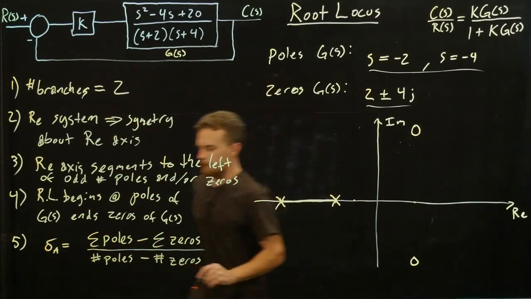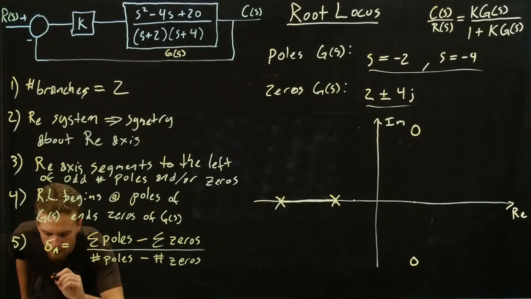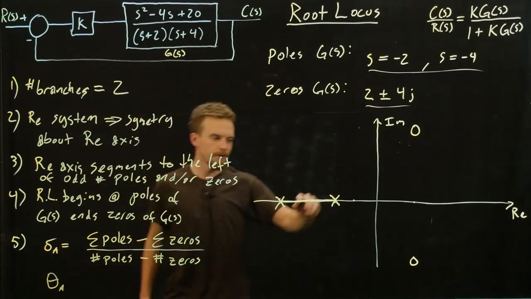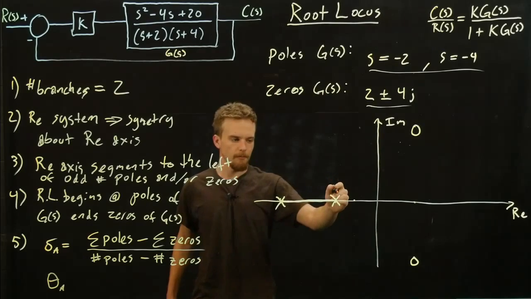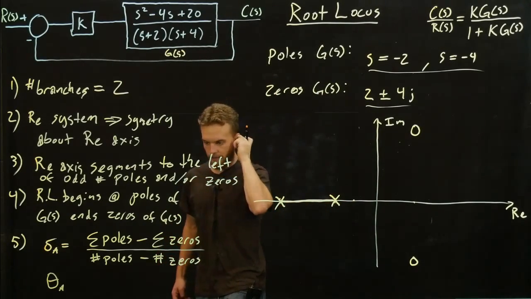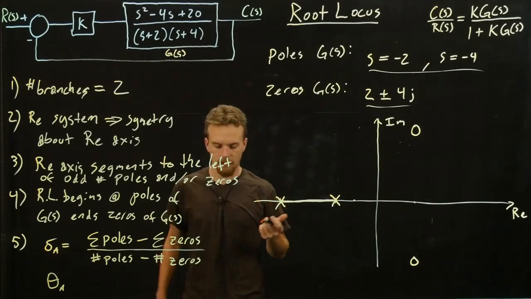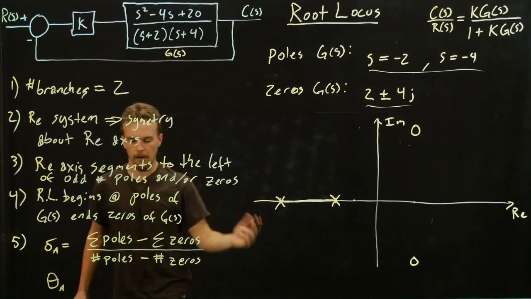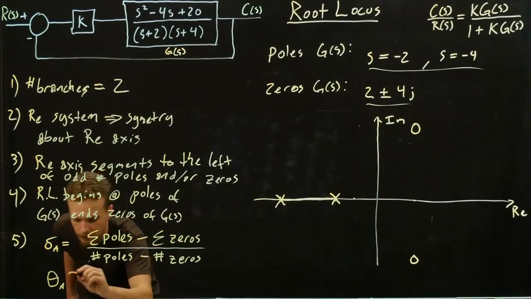So what else do we want to know? We know where the asymptote would start. We'd want to know what angles they leave at. Now, if we required 2 or more asymptotes, they would all start at the same point. They'll all leave at different angles, as we'll see here.